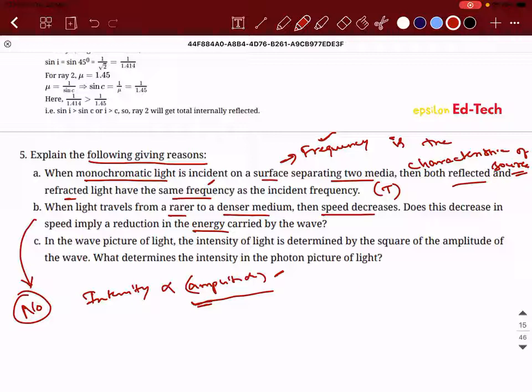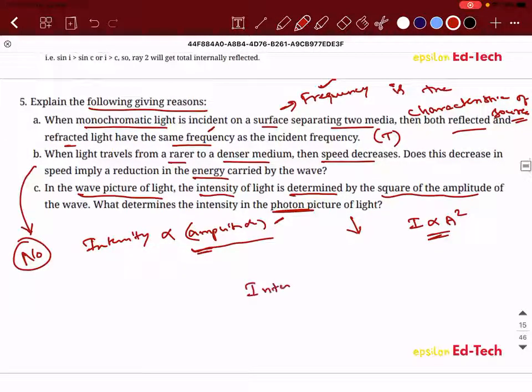Okay. Next, for question number C, in wave picture of light, you talk about the intensity which is determined by the square of amplitude. Intensity is directly proportional to amplitude square, according to wave theory. Whereas according to photon theory, how can you write intensity? Basic definition of intensity is, it is the amount of energy per unit area per unit time.